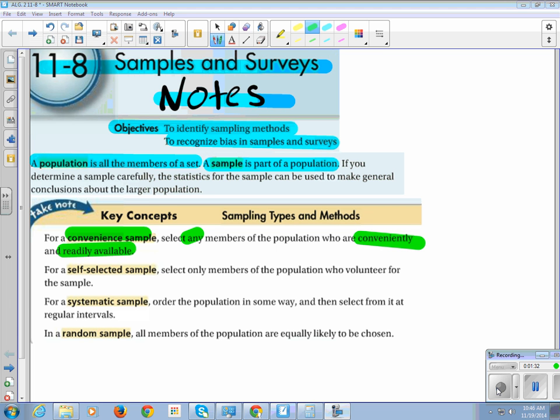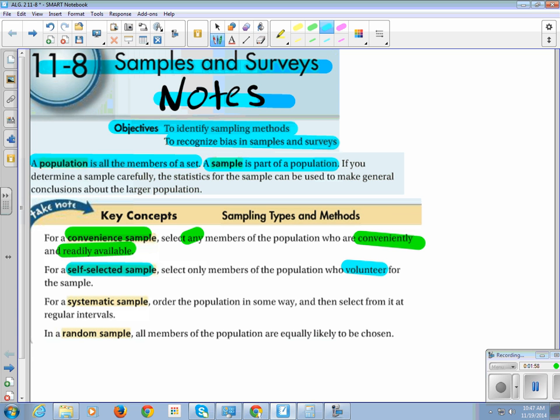All right, for a self-selected sample, select only members of the population who volunteer for the sample. So in this case, self-selected members volunteer for the sample. So a convenient sample, you're hitting up anybody in your particular location.